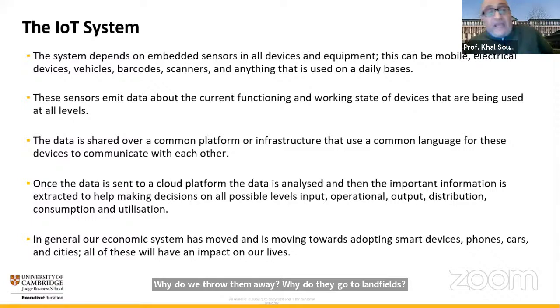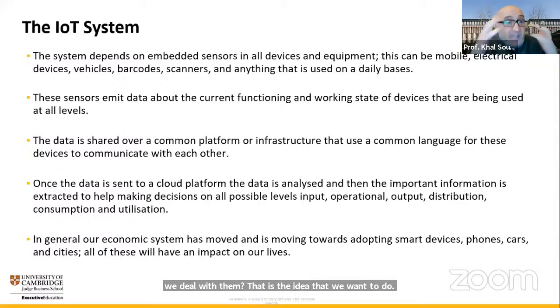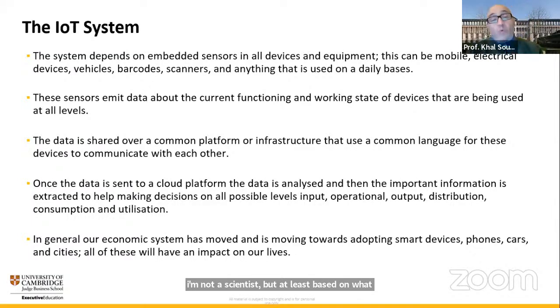Now, the Internet of Things can help us with all of the things that I've just mentioned, hopefully. I'm not a scientist, but based on what I'm hearing from scientists, the Internet of Things can really systemize the way we introduce a circular economy, and specifically based on data.